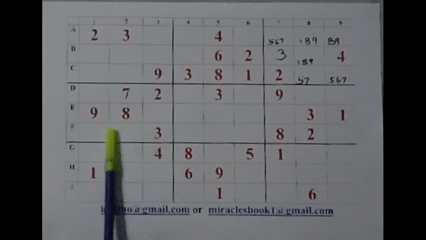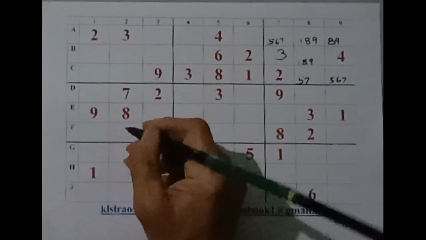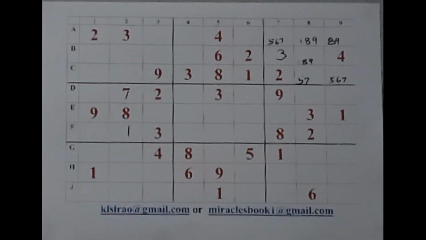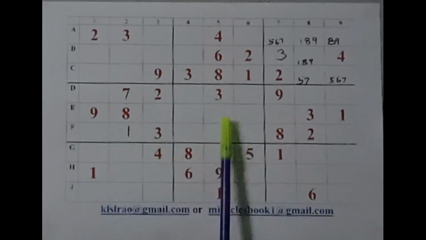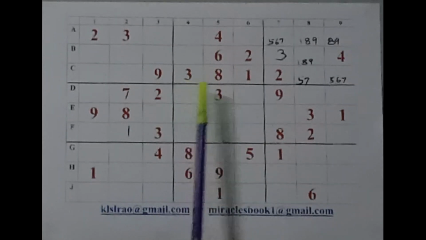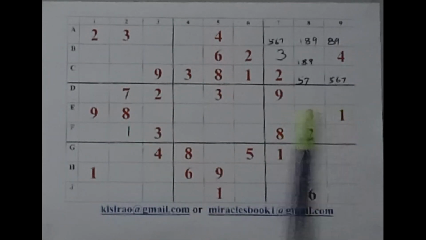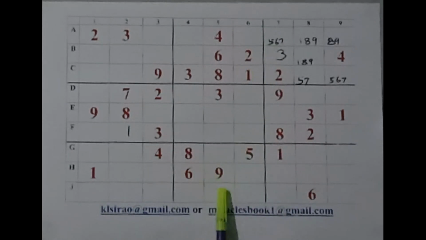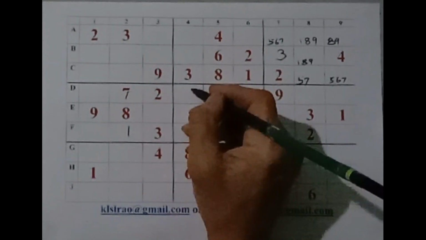That means this is the only cell for number 1. Let's write that. Now this one will immediately release the next one here. Have a look: this one here, that one there, and this one here, we get the next one here.